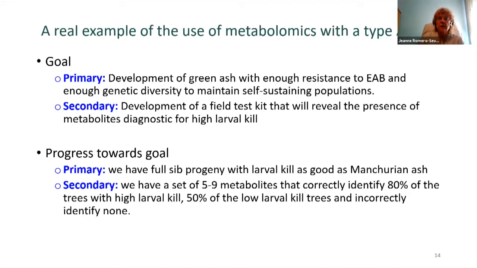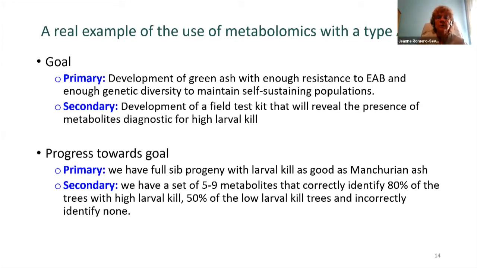Okay, so I'm going to give you an example of how this can actually work in the field. I have a type A goal in my Emerald Ash Borer program. The type A goal is using metabolomics to increase the efficiency of an applied breeding program. We're not primarily interested in working out the molecular biology of the interaction.